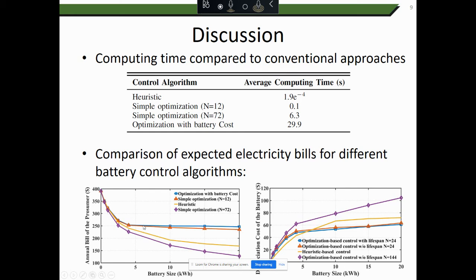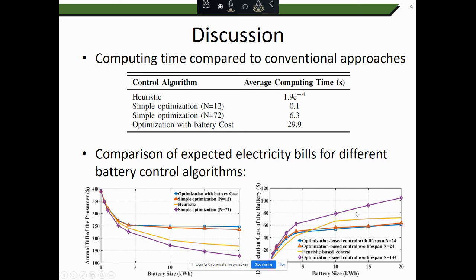This is the bill that is achieved by the optimization problem that was proposed in this paper. Unfortunately, because of the time horizon that we had to take in order to make the computing time realistic, the results that are achieved with this optimization formulation are not as good as the other formulations. That is just because of this time horizon, in order to make the simulation tractable.